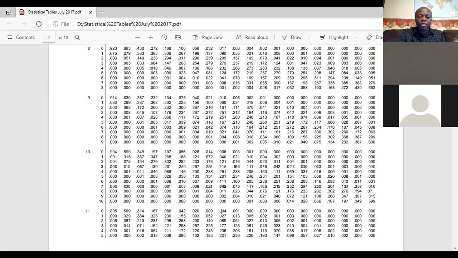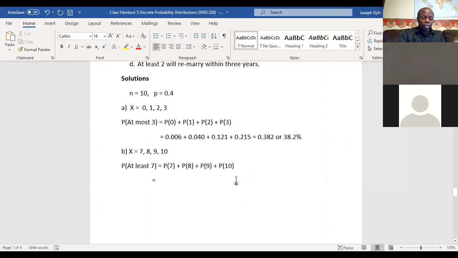But let us write them down first. These probabilities from the table will be 0.042 plus 0.011 plus 0.002 plus 0.000. That will give us the answer. So let's do it in the calculator. You can add them from there.